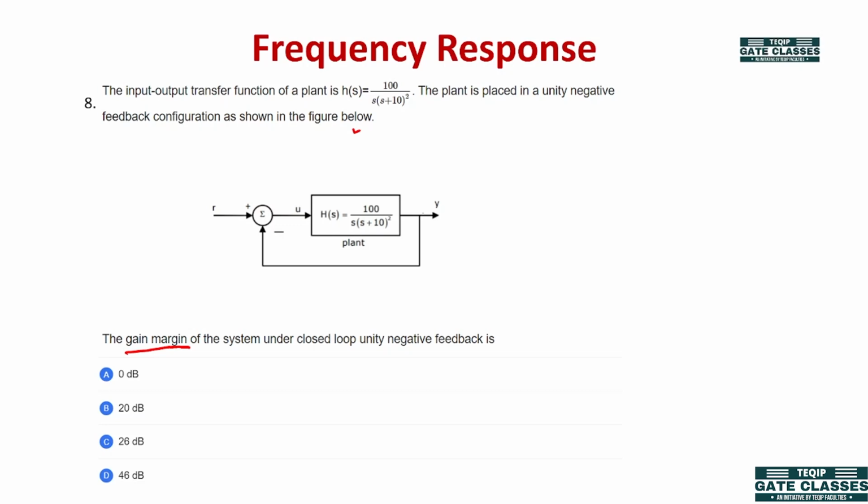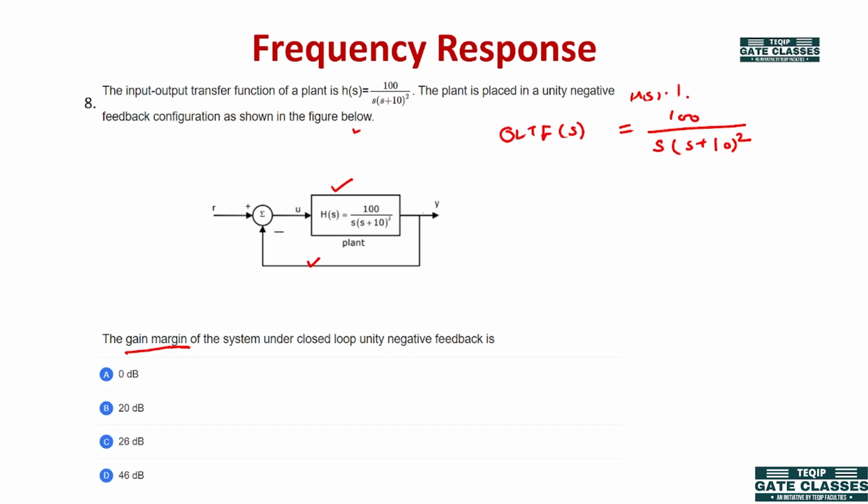So here we have again our open loop transfer function, which is H(s) into 1. Here this is the forward path gain and this is a unity feedback system, so it is 100 upon s into (s plus 10) square.